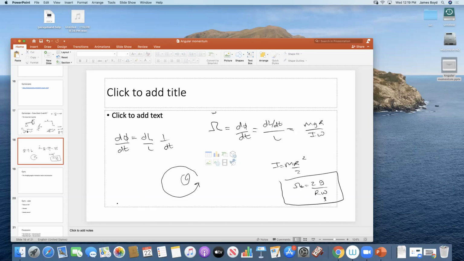The other thing I want to note is if omega is small, big omega is very large. So as omega slows down, this thing goes around faster and faster and faster. If omega is large, if that wheel is spinning really fast, it precesses very slow.